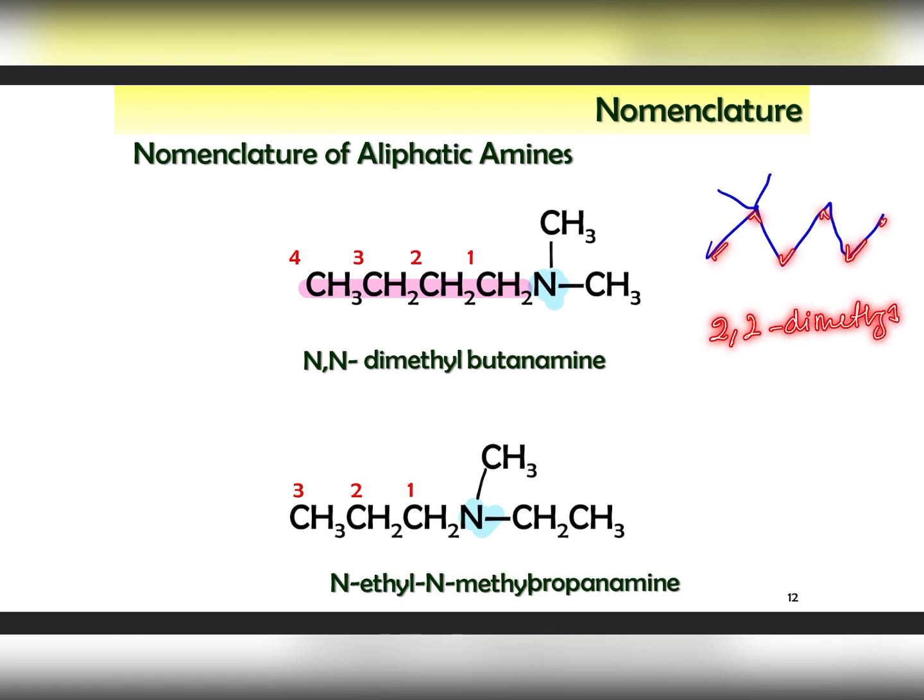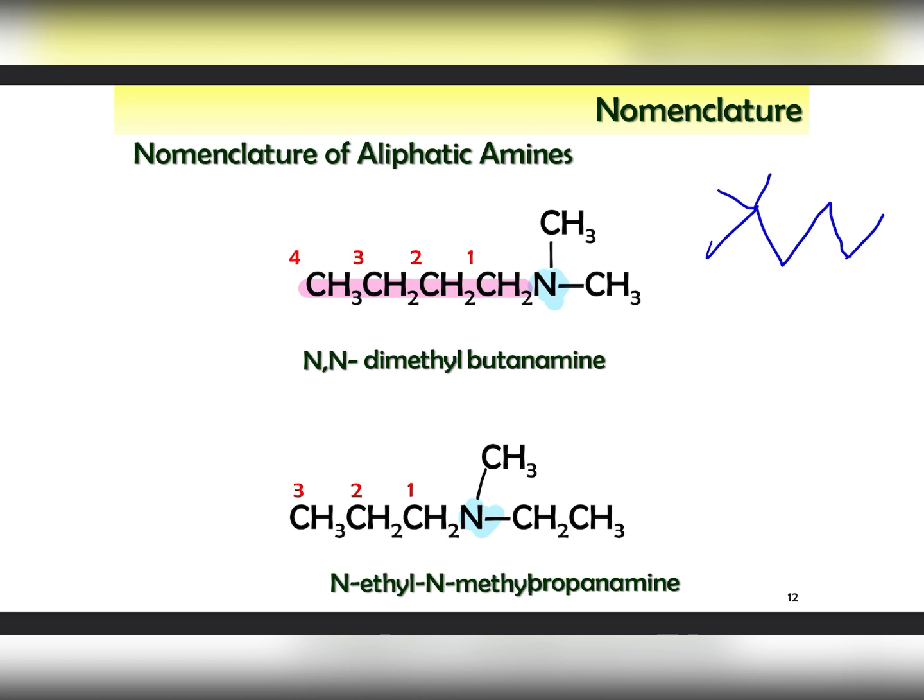It will be 2,2-dimethylhexane. It is the same with this case, both methyls are directly attached to nitrogen, so we indicate it with N,N-dimethylbutanamine. Right, next let's have a look at this example.